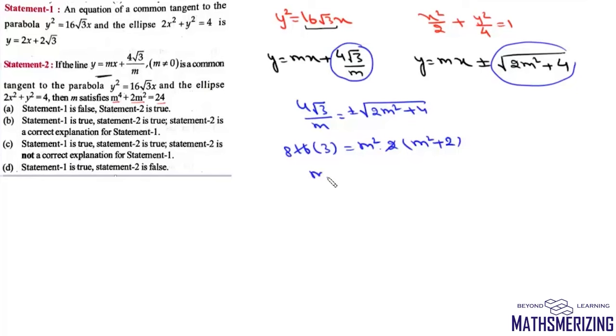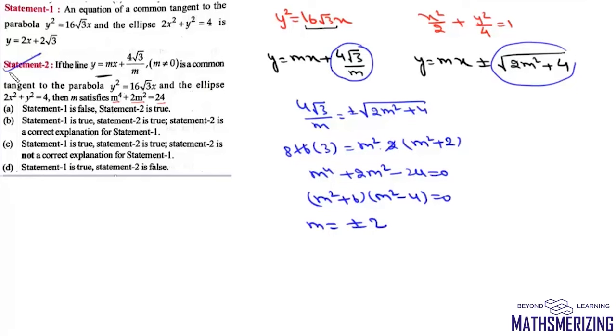So we can write this as m to the power 4 plus 2m square minus 24 equals to 0. We'll try and simplify this. So we'll write it as m square plus 6, and then m square minus 4 equals to 0. So value of m is plus or minus 2.